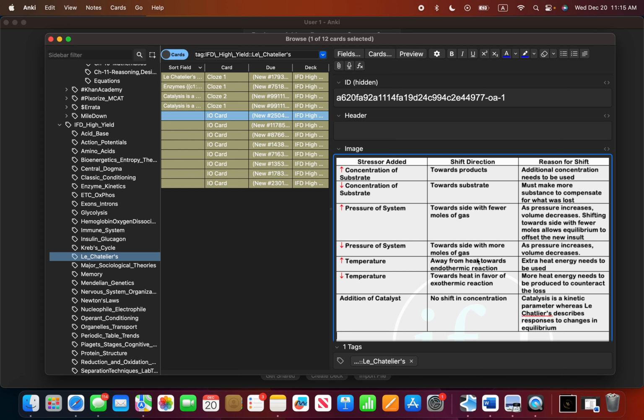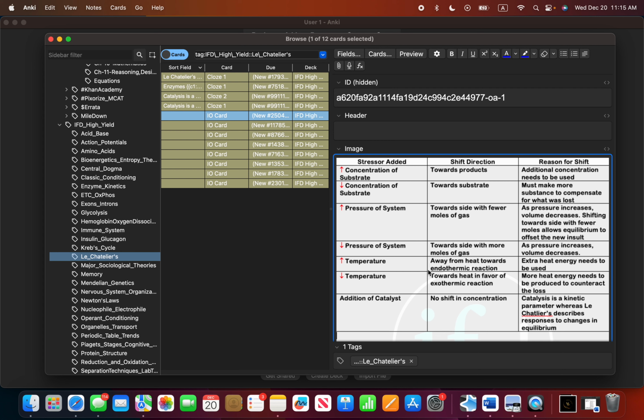Now we have also the temperature. So away from heat towards endothermic reaction. So if the temperature is going up, you move away from heat towards endothermic reaction because extra heat energy needs to be used.